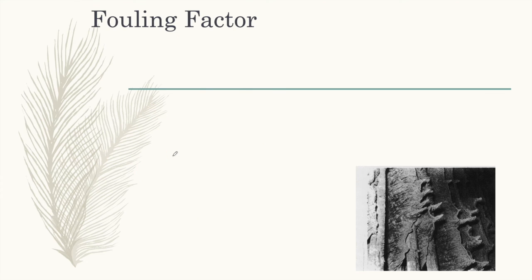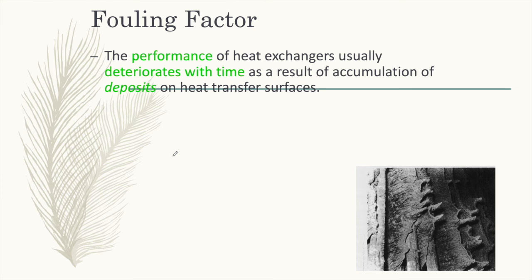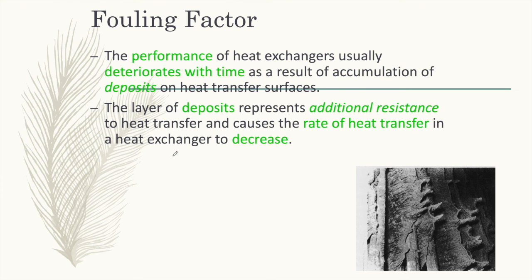Then we go to the fouling factor. What is the fouling factor? The performance of the heat exchanger usually deteriorates with time as a result of accumulation of deposits on the heat transfer surface. This accumulation will create an additional resistance to your rate of heat transfer.